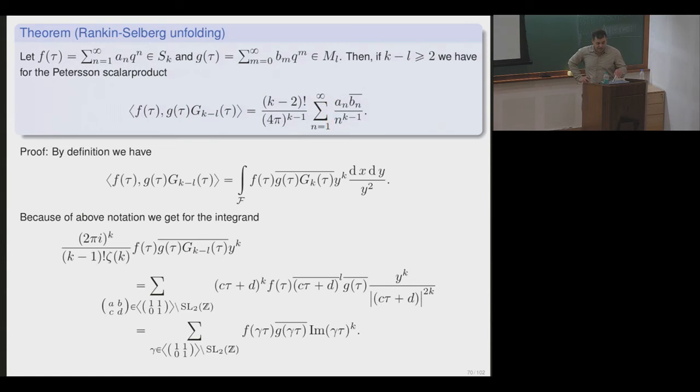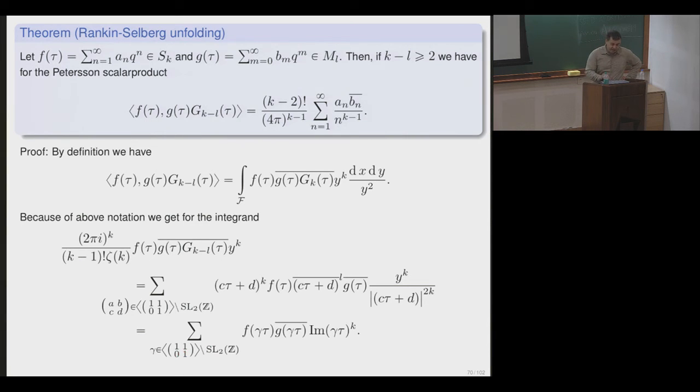Okay, and so what is the trick to do this? So the point is you have this integral. Now for this integrand you apply this identity for the Eisenstein series, and now you can really rewrite this as a sum over these equivalence classes of the group modulo its parabolic subgroup.